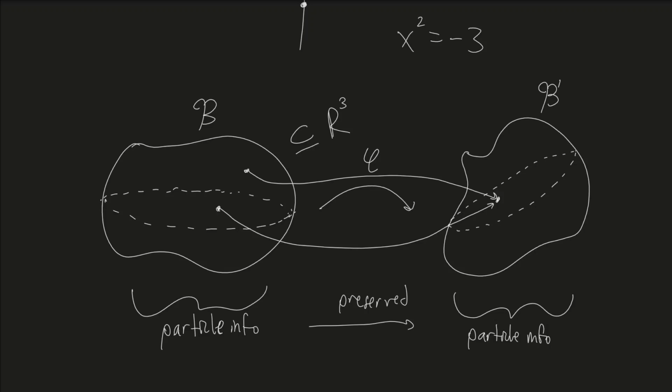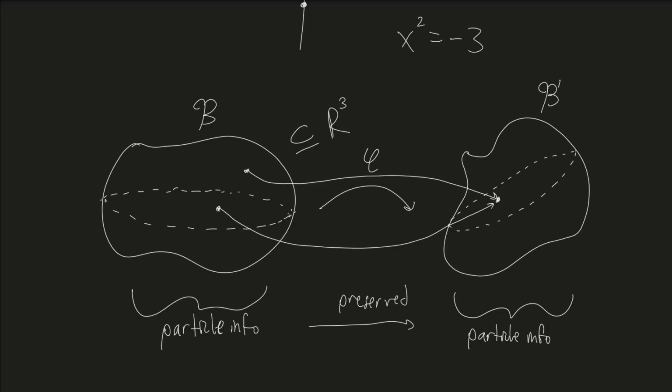Well, then you can't really play back the deformation, because where does this one go to? Does it sort of branch out? Something weird is going on. So maybe there's some sort of chemical reaction that combines these two particles in B to become one, but it's not really clear what's going on.